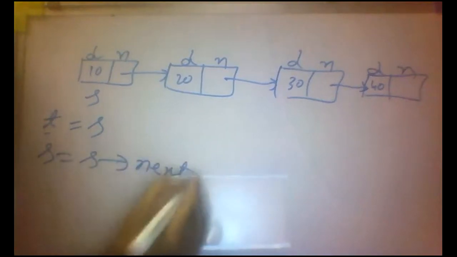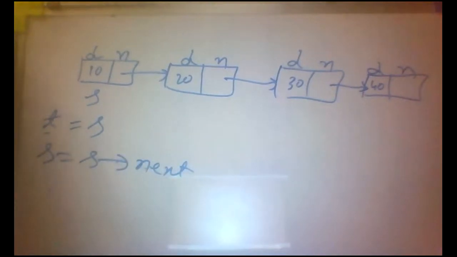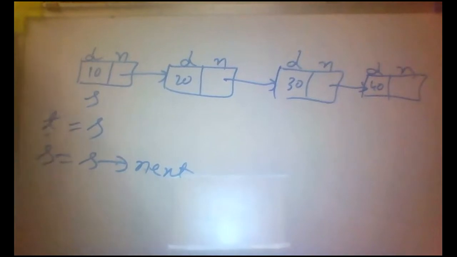Which is the s2 next? So where we are now, for example, room number 1208. So 1208 next equal to 1209.